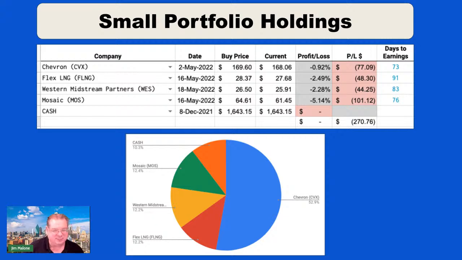Basically, the only things I'm really buying are in either the agricultural area, this is Mosaic, or the big oils, Chevron, and then there's a company called Flex LNG, which transports LNG, and of course LNG is very tight right now with the situation in the Ukraine.